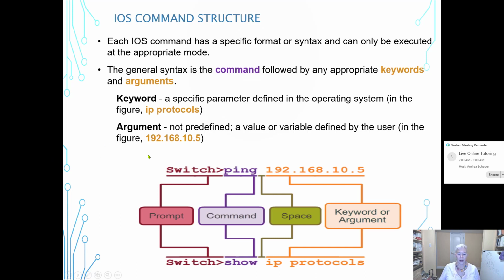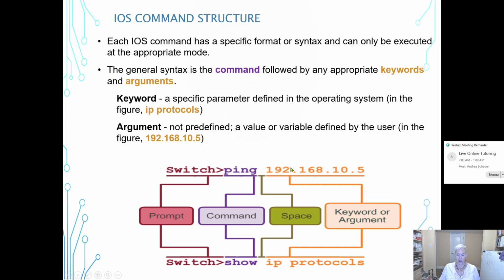Here's an example. We're working on a switch, and we're telling it what we want it to do. That's the command. We want the switch to ping something. What do we want it to ping? An IP address that I enter, 192.168.10.5.